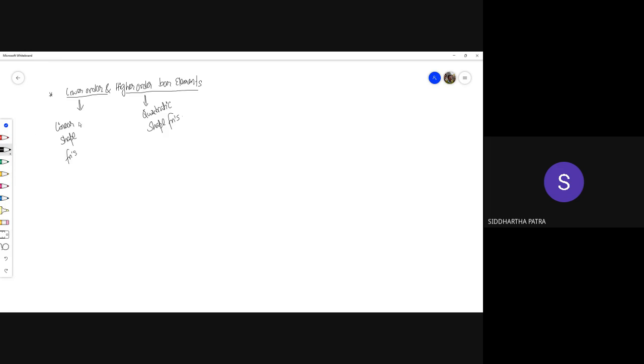And then you had two nodes per element over here, and there you had three nodes per element.